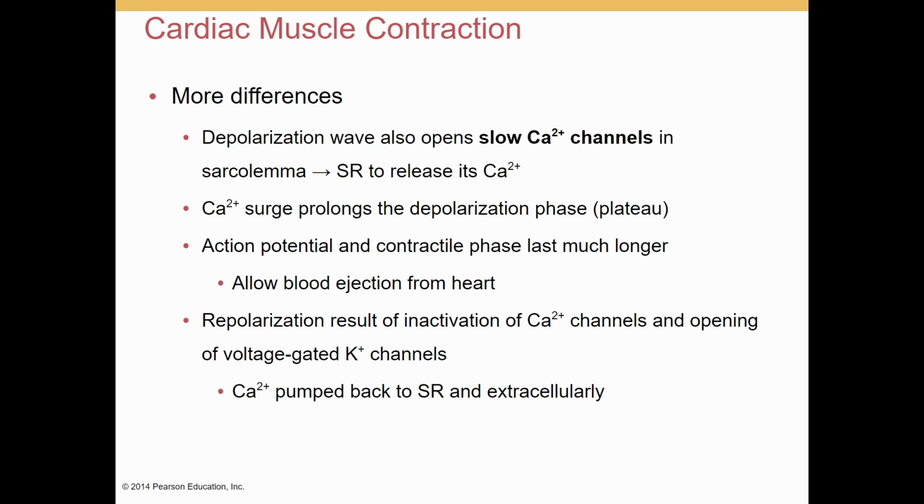The slow calcium channels allow the calcium surge in the cytoplasm to last a lot longer. It actually produces a plateau depolarization phase. The action potential and contractile phases last much longer for cardiac muscle. That's also going to allow for blood ejection from the heart.